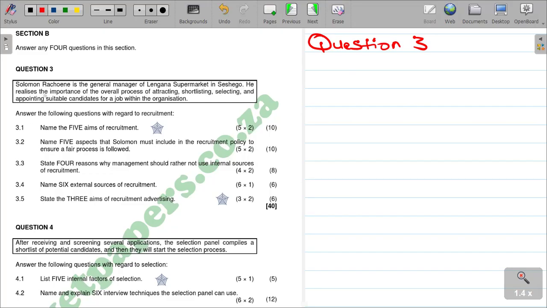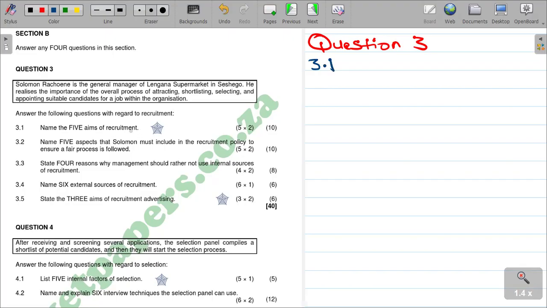He realizes the importance of the overall process of attracting, shortlisting, selecting, and appointing suitable candidates for a job within the organization. So answer the following questions with regard to recruitment, right? So let's go to question 3.1.